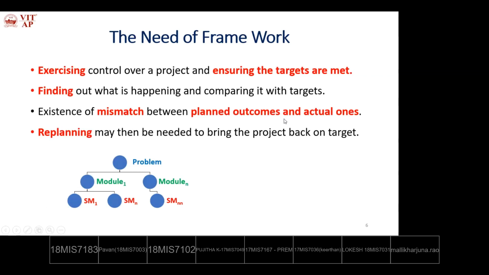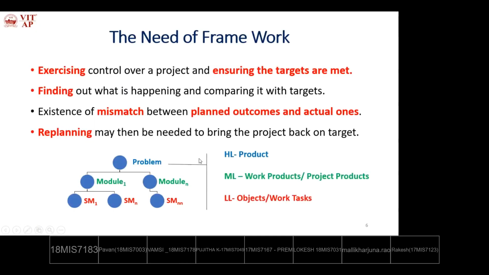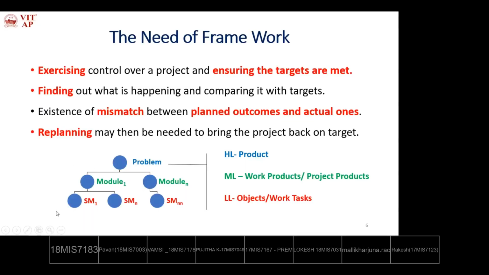If any mismatch exists and it is low, we won't bother about it. If the mismatch is high, if there is a lot of difference, if the gap is more, we need to replan the activities. Replanning may then be needed to bring the project back on target. We need to replan all the project products.